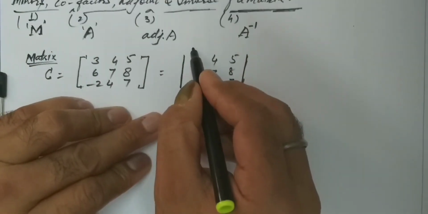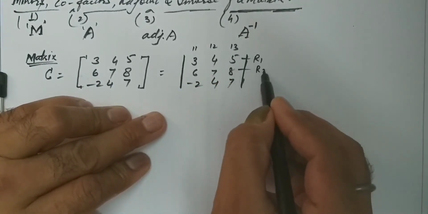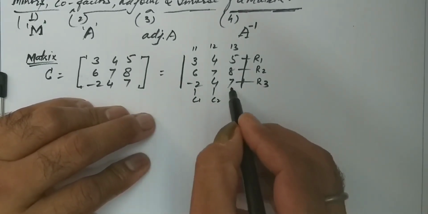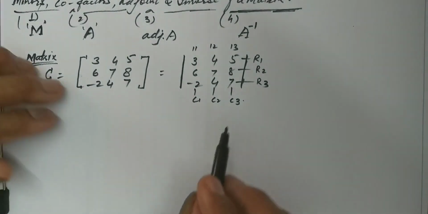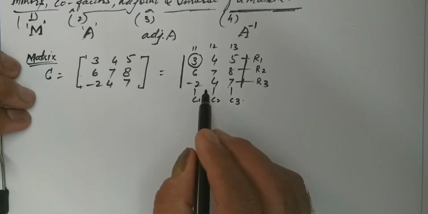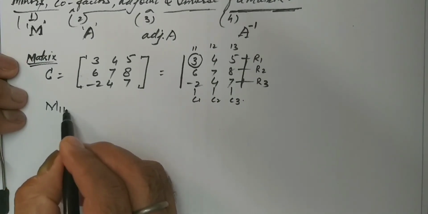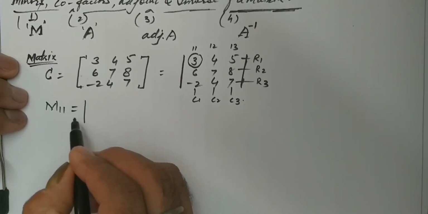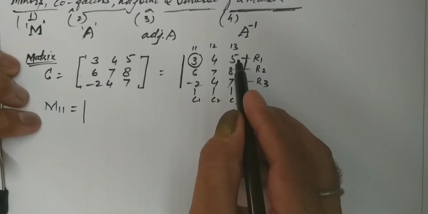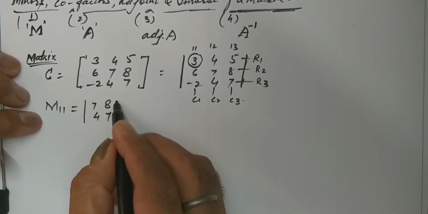So the positions, as you know, 1 1, 1 2, 1 3: first row, second row, third row, first column, second column, and then third column. This particular element 3, we are going to find the minor for this 3. That will be denoted by M11, and this minor will be written by deleting the perpendicular lines to this, and then 7 8 and 4 7.